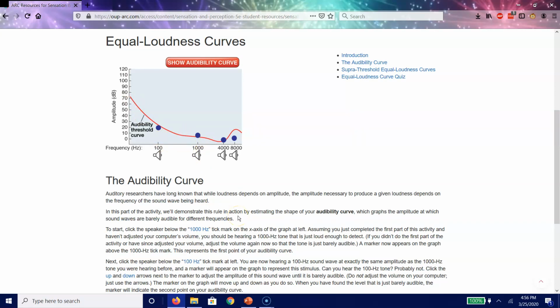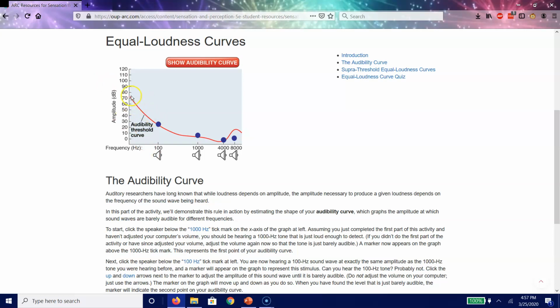Now here's what's especially interesting. We're going to perceive these sounds as being equally loud. So let's try that with 100 hertz. Okay, there we go. I'm having that sit right on that curve. So I'm going to play my 1000 hertz. 100 hertz, like I said, this might work better with headphones.